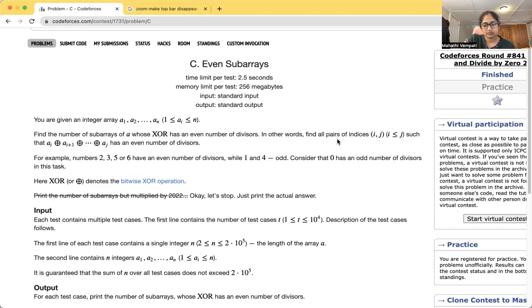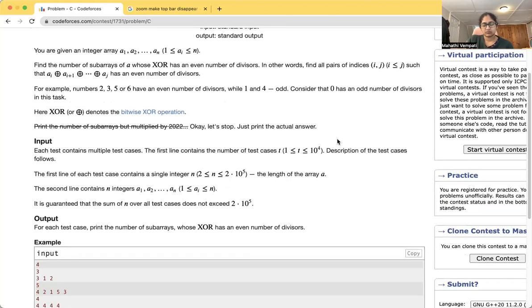Let's look at the constraints. The sum of n over all test cases does not exceed 2 times 10 to the 5.